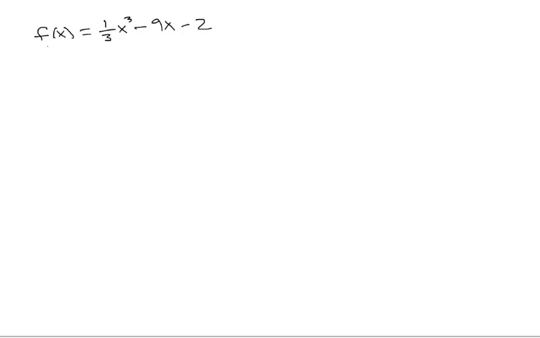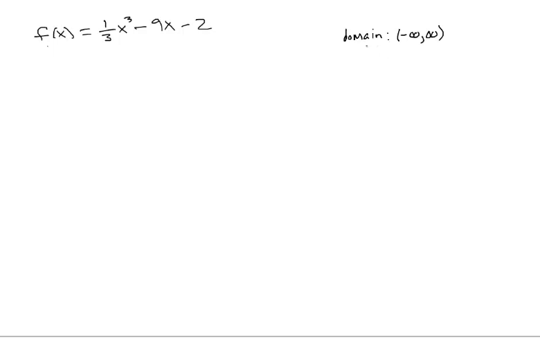In this first example, we have f of x is equal to 1/3 x cubed minus 9x minus 2. So from the function itself, I want to find the domain. So our domain is all real numbers, because we have a polynomial, negative infinity to infinity.